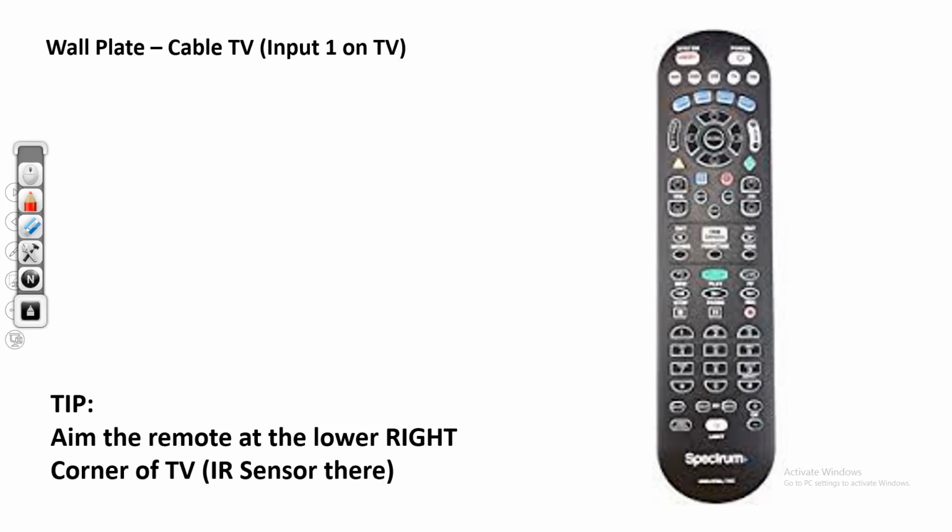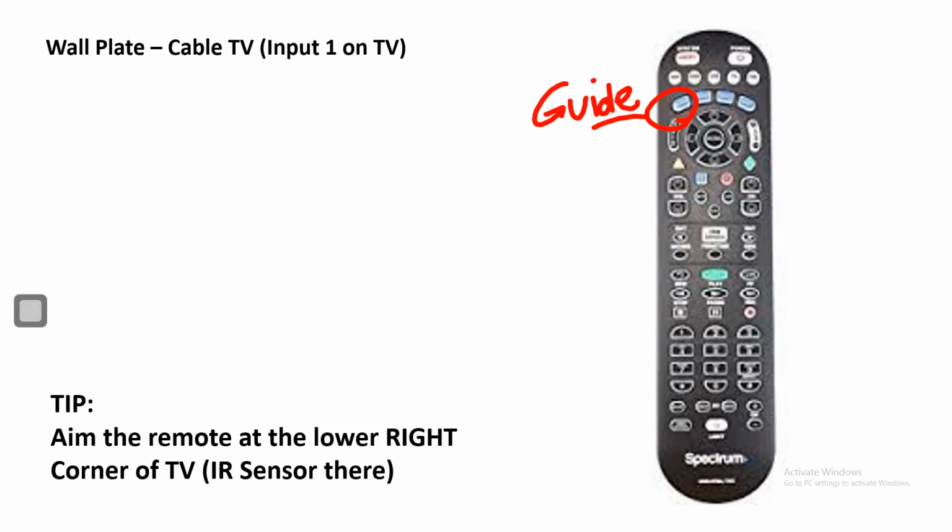So the main functions that you're going to want to use with the Time Warner scenario: we have the guide button here, which will open up the guide menu. We have the volume up and down, which is also on the actual wall plate. We have channel up and down.